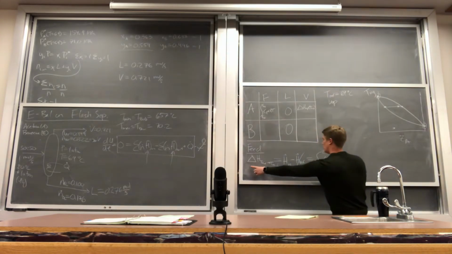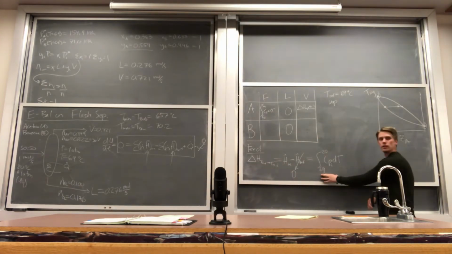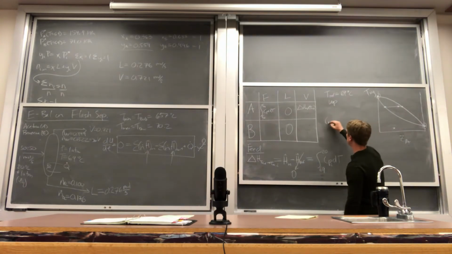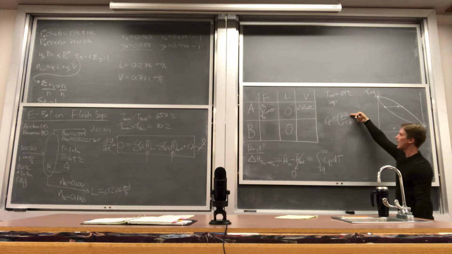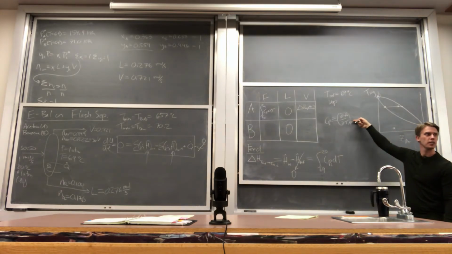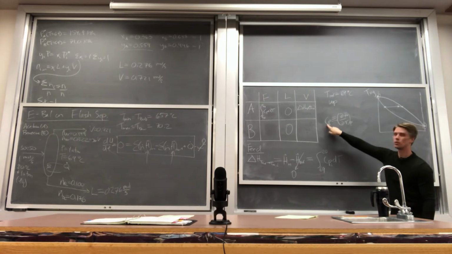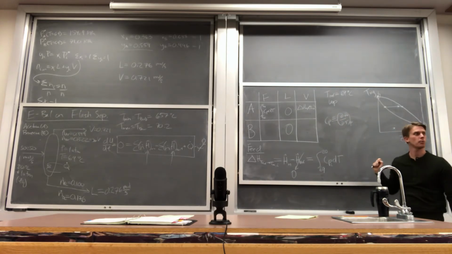We know delta H is equal to the integral of C sub p dt. This is nothing more than the definition of heat capacity. C sub p is defined as how the enthalpy changes with how the temperature changes. So in this equation, all we're doing is moving the temperature to the side and integrating the expression.